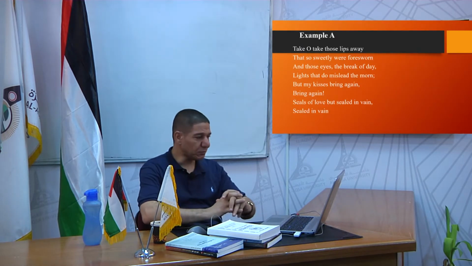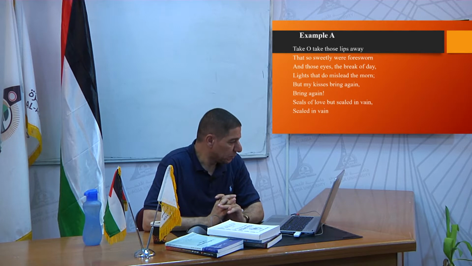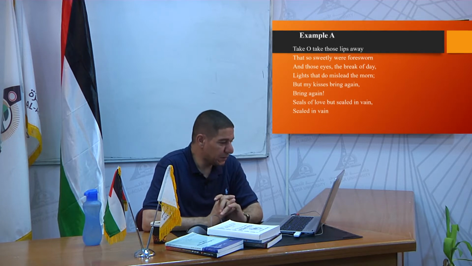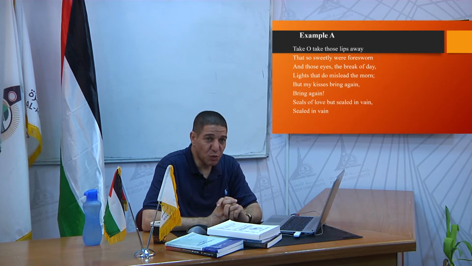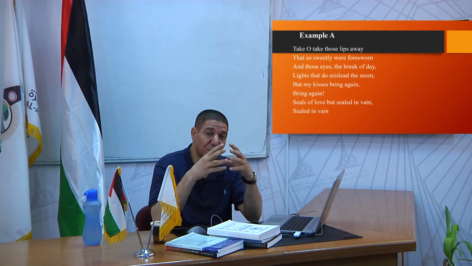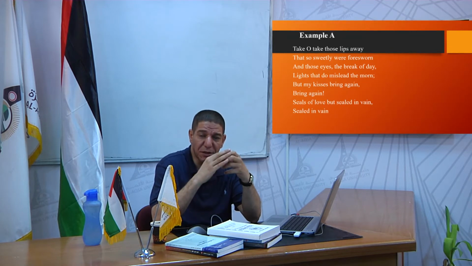Take this. This is an extract, or these are lines from Shakespeare's Measure for Measure. And we are going to focus on how literal translation can damage the meaning. Of course, let me ask a question.